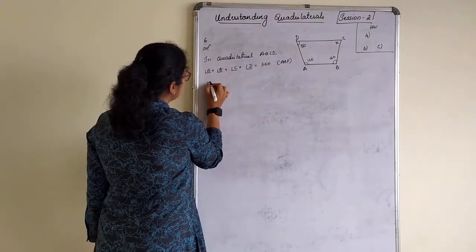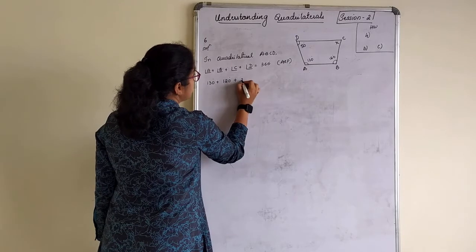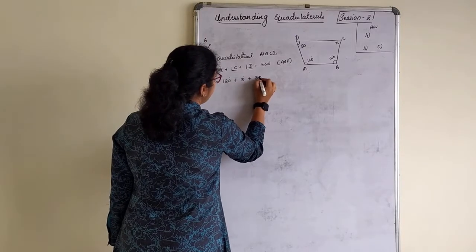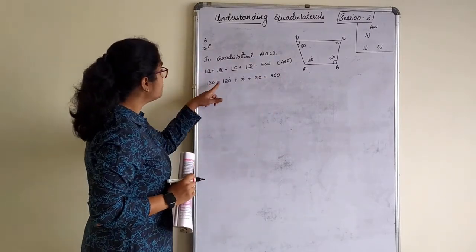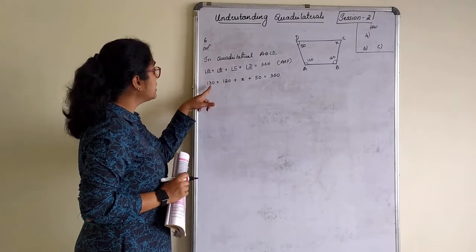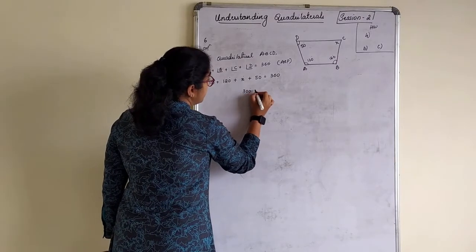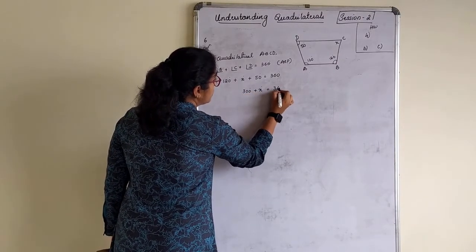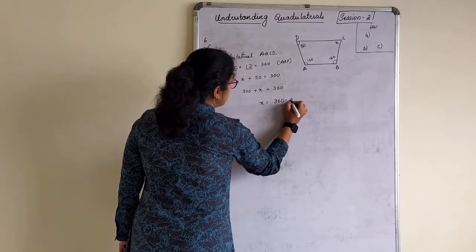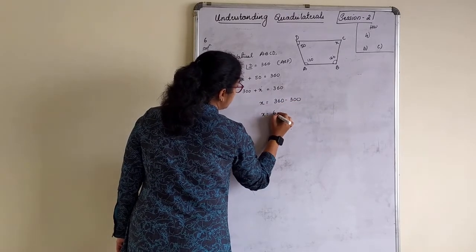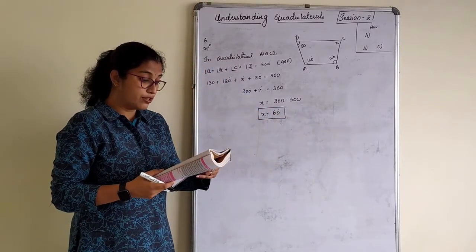The measure of angle A is 130, plus angle B is 120, plus angle C is x degrees, plus D is 50, is equal to 360 degrees. So we can add this: 130 plus 120 is 250, 250 plus 50 is 300. So 300 degrees plus x degrees is equal to 360. x is equal to 360 minus 300. Therefore, x is equal to 60 degrees. That is how we solve it.